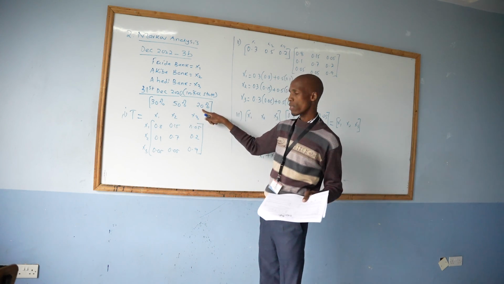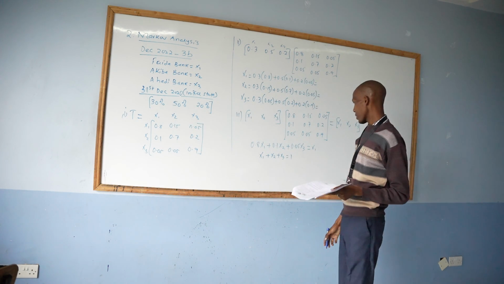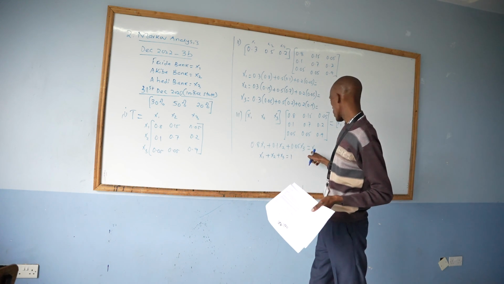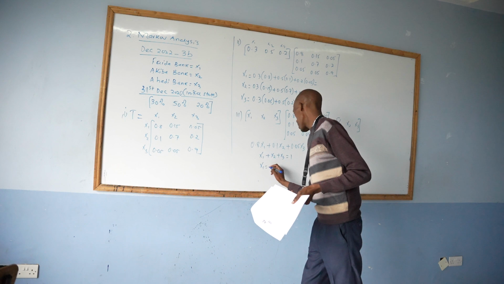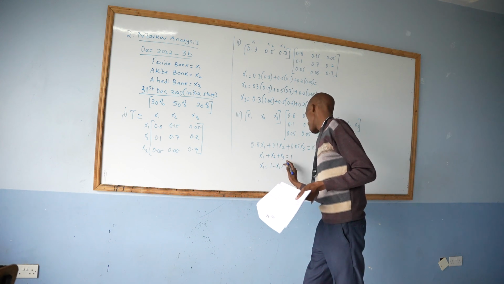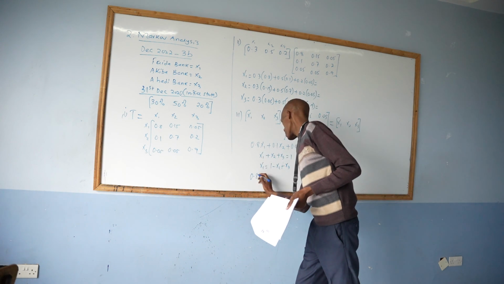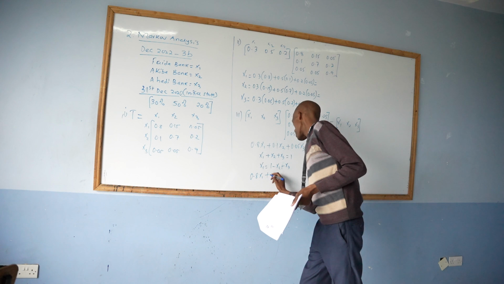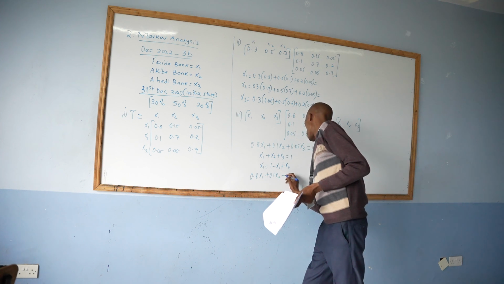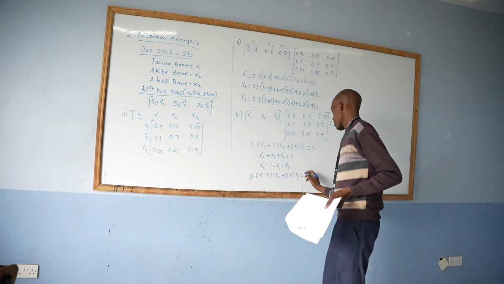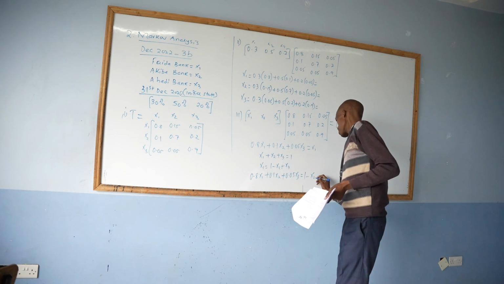When you add all these, they should give you 1 for 3 by 3, and for 2 by 2 the same. So what is x1? x1 will be 1 minus x2 minus x3. So that means our first equation will be 0.8 x1 plus 0.1 x2 plus 0.5 x3 equals x1, now you replace x2, x3.